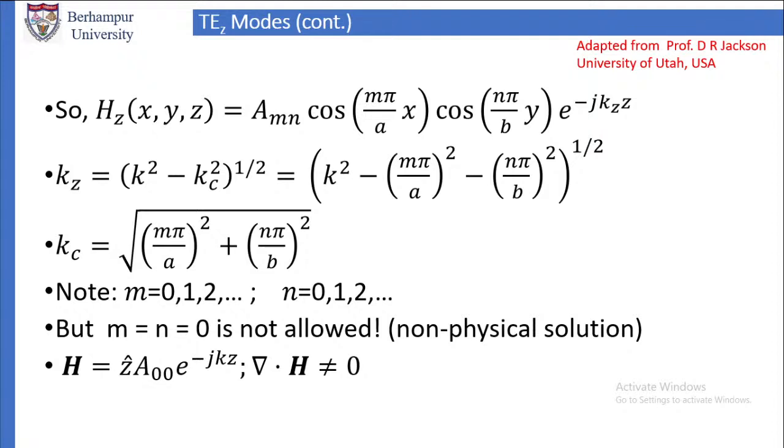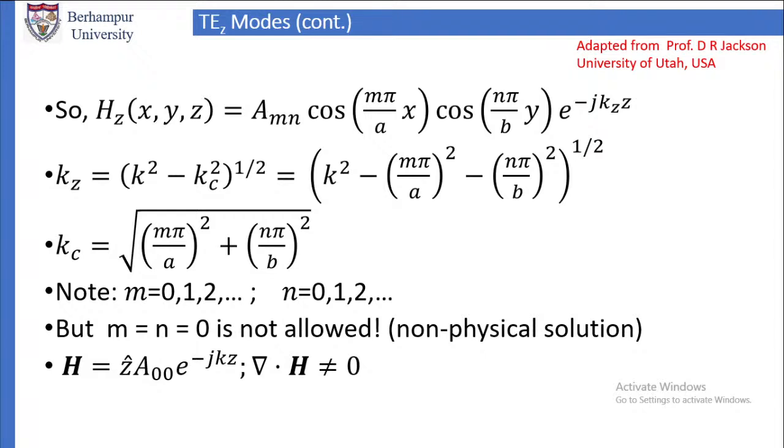Then kz is equal to the root of k squared minus kc squared, which you can write as k squared minus (m pi by a) squared minus (n pi by b) whole squared, whole to the power 1 by 2, where kc squared is equal to (m pi by a) squared plus (n pi by b) squared, root over, that is kc.